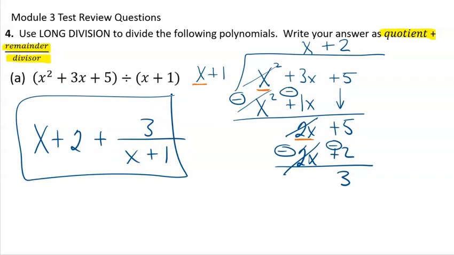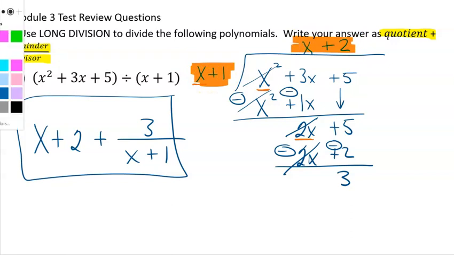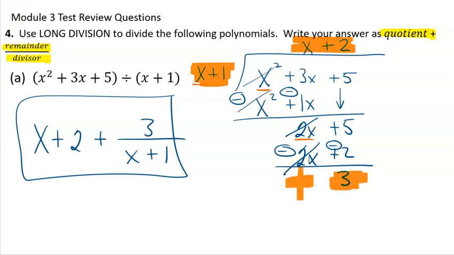Now if you want to check your work, you can take the divisor, x plus 1, and multiply it by the quotient, x plus 2, and then add 3. So x plus 1 times x plus 2 added to 3 is going to give me x squared plus 3x plus 5. Okay, that's just if you want to check yourself.